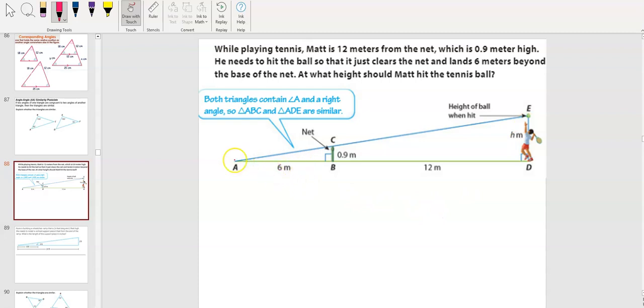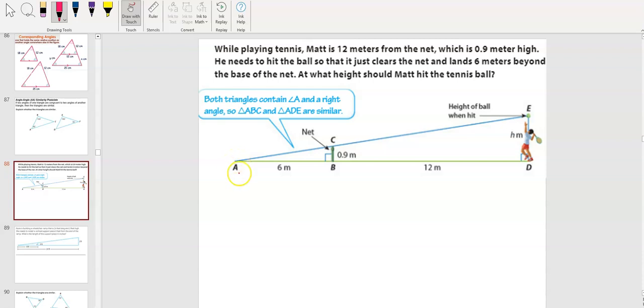So this formation basically makes two triangles. We've got the triangle formed by Matt himself and the position he needs to hit the ball, and then we have a mini triangle formed by the net itself and the position he needs to hit the ball.